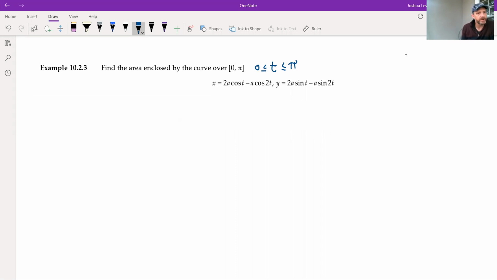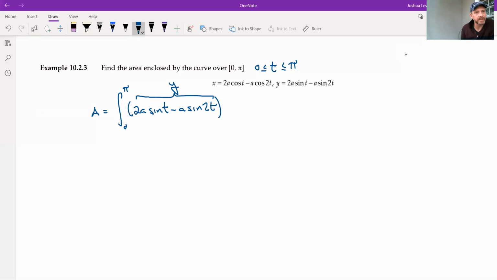We also know that the area is going to be the integral from 0 to pi, and then we have y, which is 2a sine t minus a sine 2t, times, this is y, times the derivative of x of t.